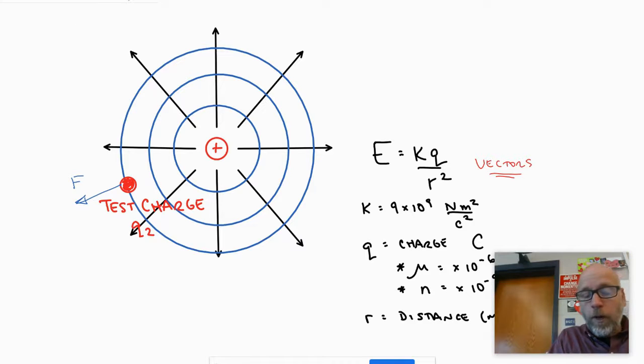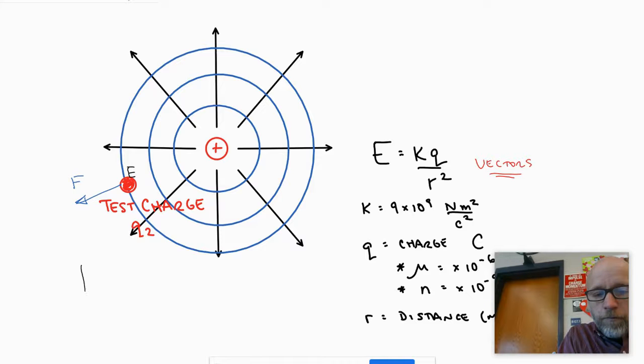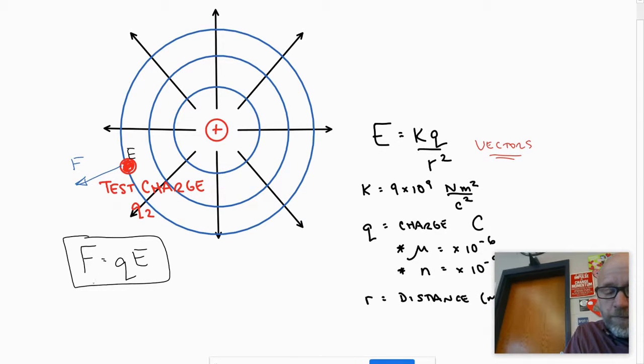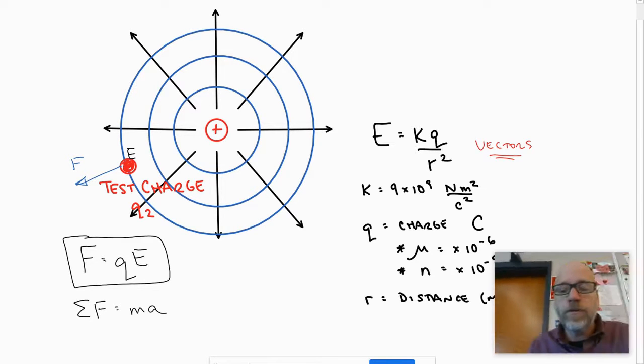Before we do, real quick, if we know what the electric field is at that point, we can utilize our relationship F equals qE to find the force. And then once we find the force, we could find the acceleration by saying the sum of the forces will cause that mass to accelerate.